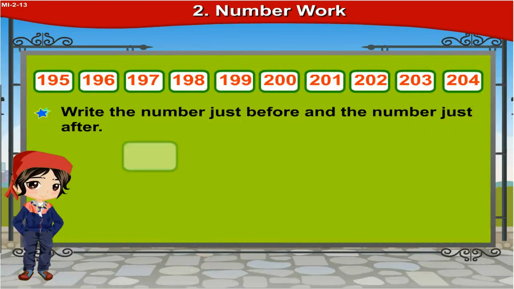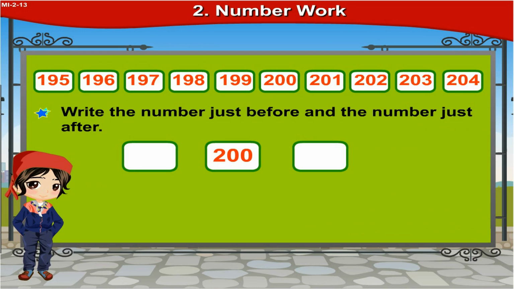Now the next one. Box 200 box. The number before 200 is 199. So we'll write 199 over here. And number after 200 is 201. So we'll write 201 over here.